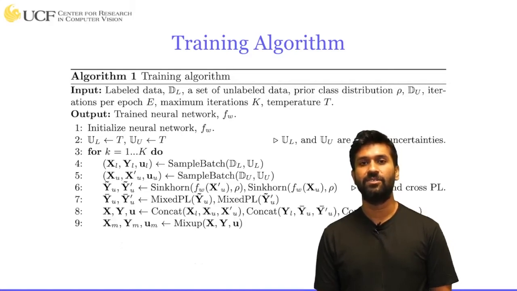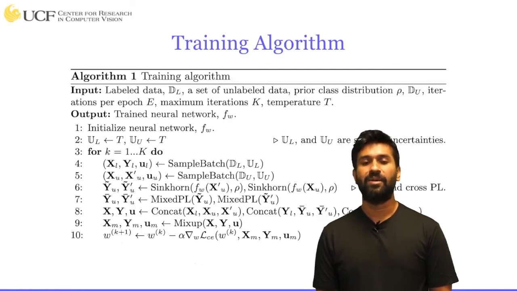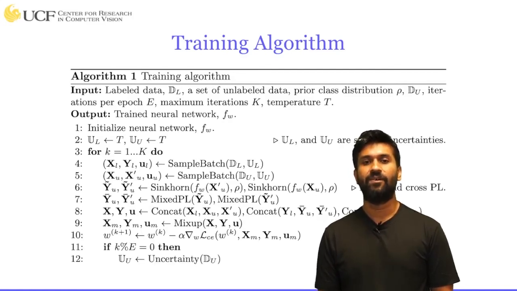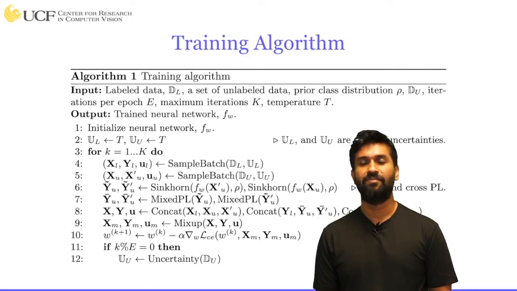Once we have the final pseudo-labels, we'll perform mix-up augmentation between the labeled and unlabeled data. Then based on the cross-entropy loss on those mixed inputs, we'll update the parameters of our network. Then after every E iterations, that means at the end of the epoch, we'll compute the uncertainty of the samples. And finally, it will return the trained network f_W.